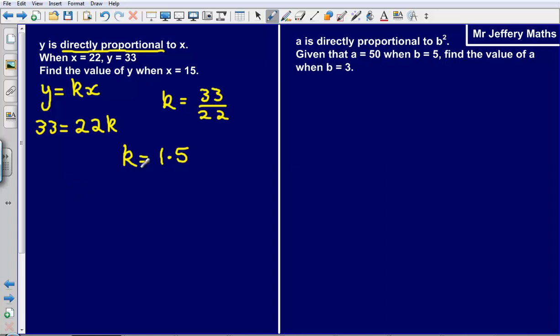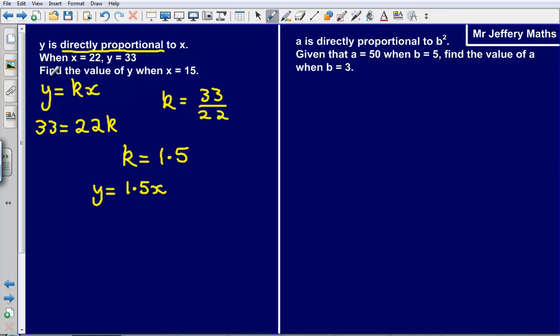Now I've got a specific relationship between y and x. I can say that y is equal to 1.5x, so y is 1.5 times as big as x.